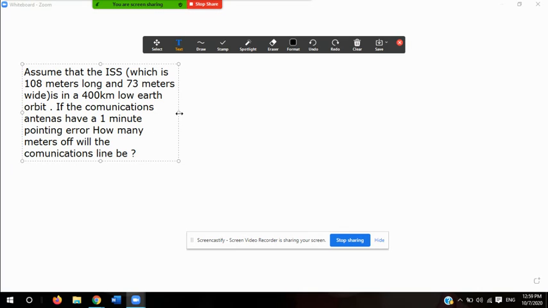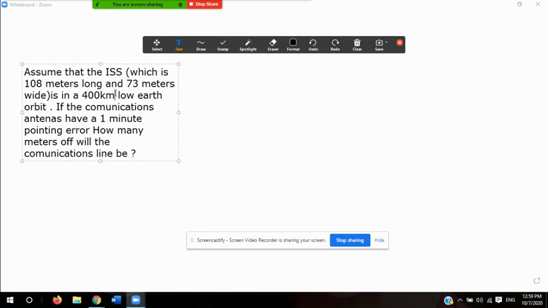Okay, so here we go. Once again, it says, assume that the International Space Station, which is 108 meters long and 73 meters wide, is in a 400-kilometer low Earth orbit. I forgot to write the word in.